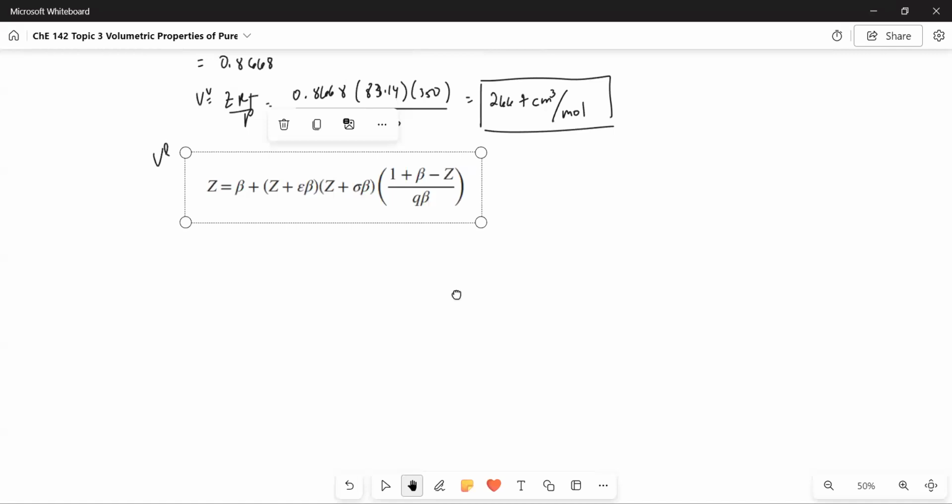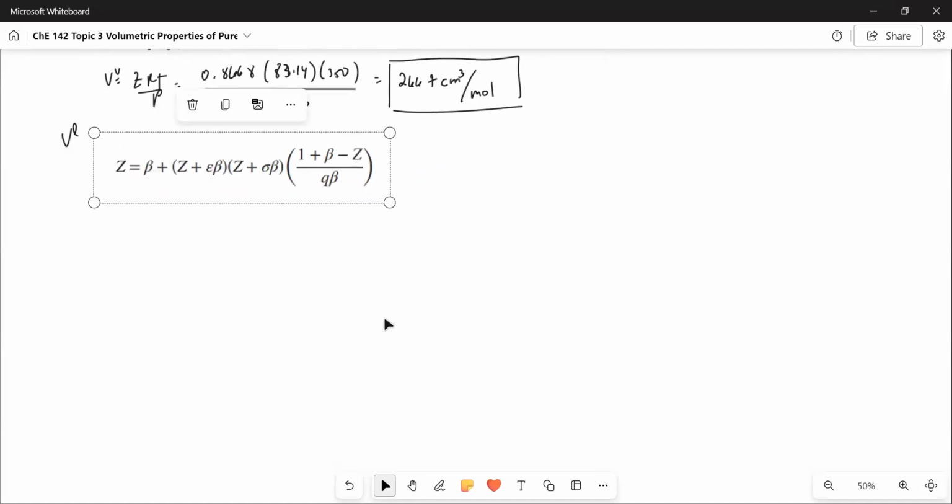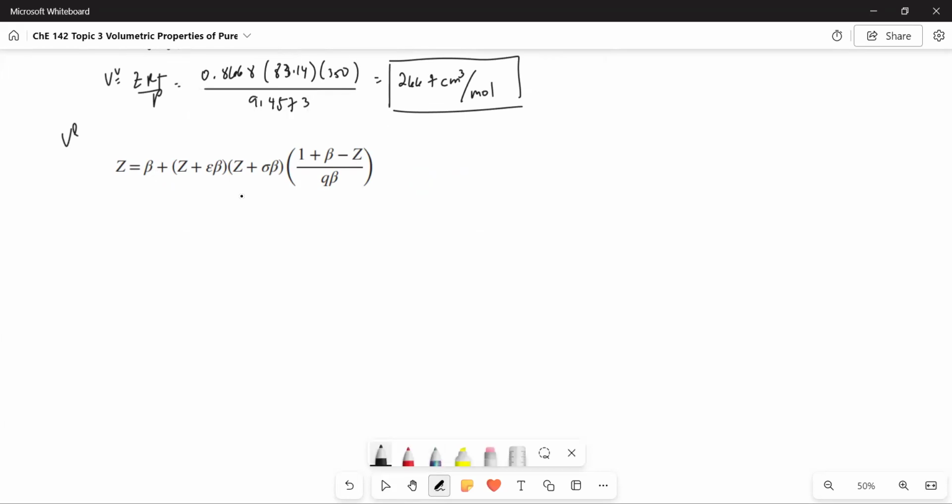And based on our Van der Waals parameters, these are 0, 0, so that equation simplifies to beta plus z squared times 1 plus beta minus z, over q beta. I leave it up to you to input, I will not write it anymore. We'll use the same beta and q as what we have solved earlier.